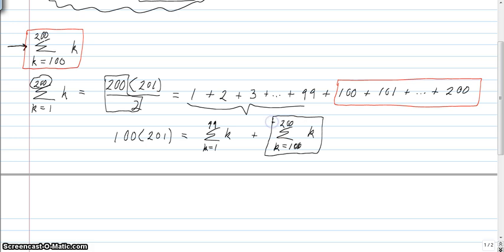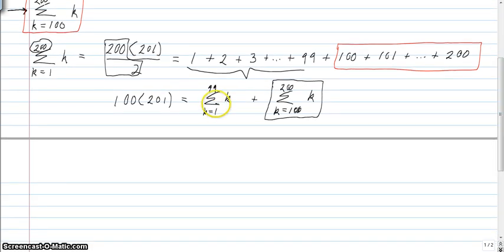I'm going to isolate that on the right side of the equation, which means subtracting this sum from the other side. So I've got 100 times 201 minus this sum, and that would give me the sum that I want.